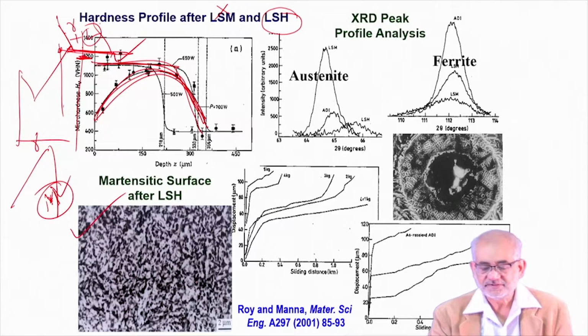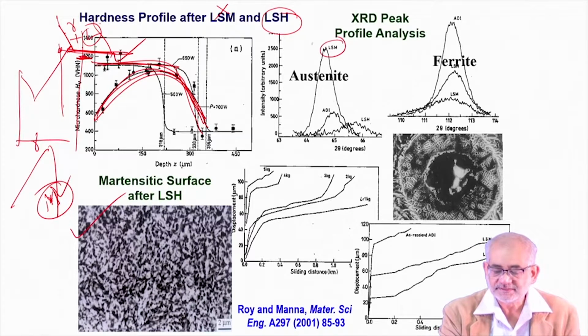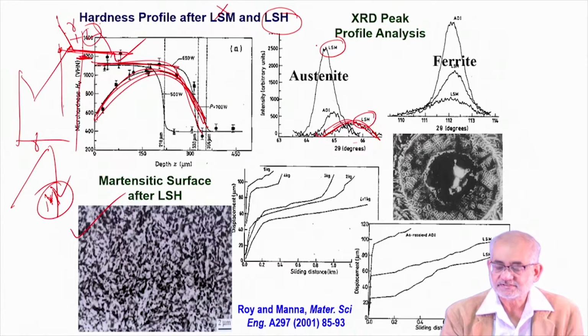And this is borne out by the fact that when you do surface melting, you have a very large austenite peak, so the volume fraction of retained austenite is much larger. But when you do hardening, the volume fraction of austenite follows this profile. So the total area under this curve is much lower, and hence the volume fraction of austenite is much lower than in the previous case.